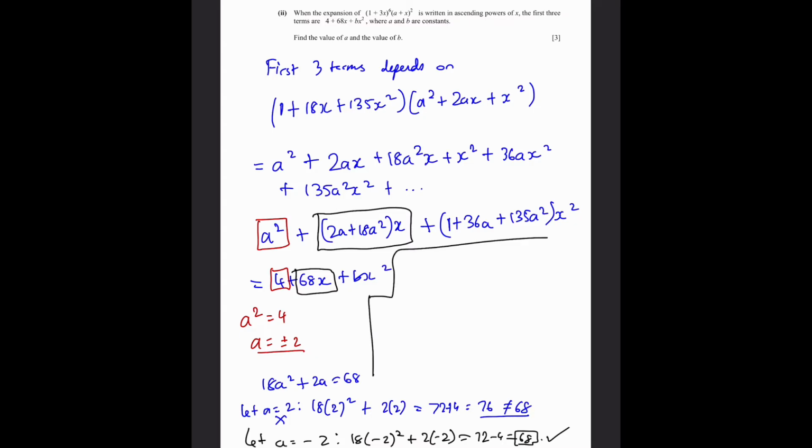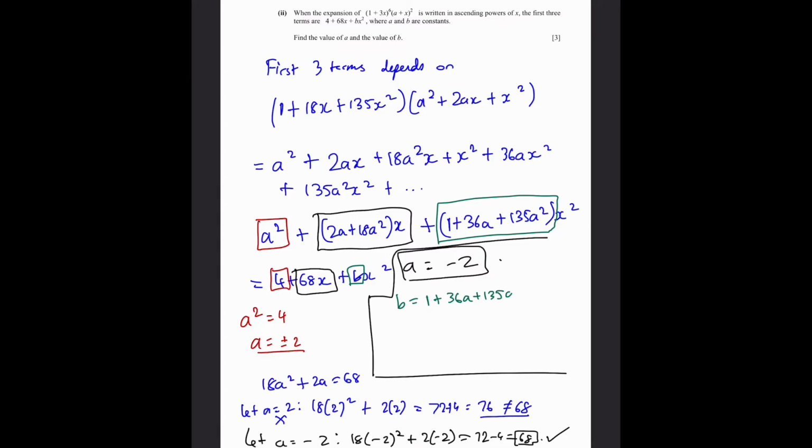Let me just make some space. a = -2 is correct. And now we can find the b value by equating these coefficients here. So b is equal to 1 + 36a + 135a^2.